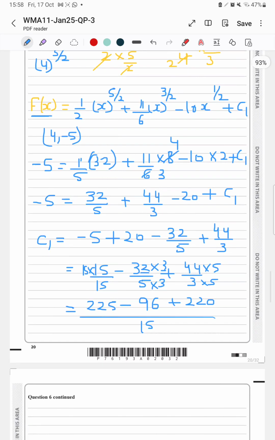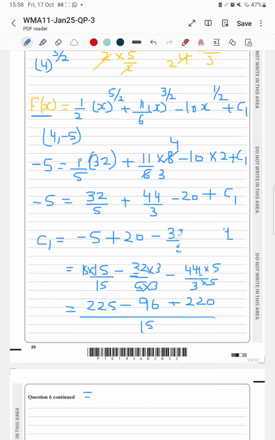When you simplify this part, what you get is 225, and here is a negative sign, sorry. This point is negative here, and this is negative here also. It was 32 divided by 5 and minus 44 divided by 3; times 5 here, and times 3 here.